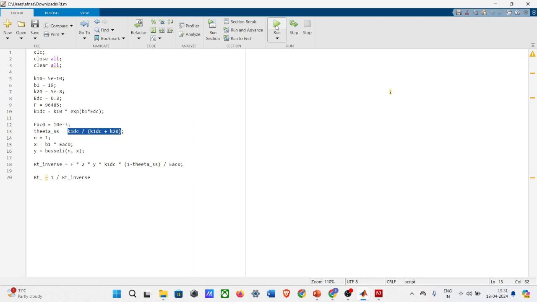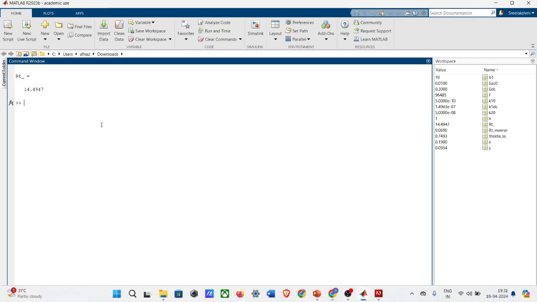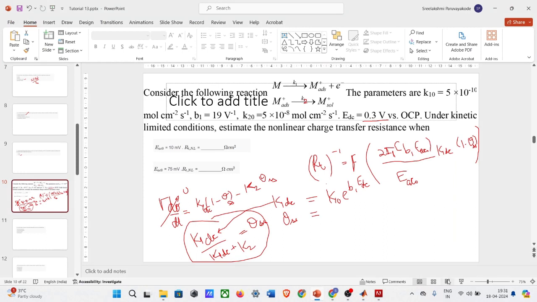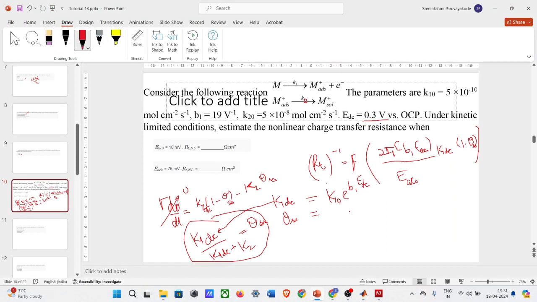So when I solve it, I'll get the answer as 14.49. So my answer is 14.49. That is for this case.